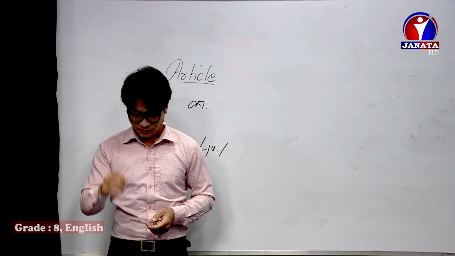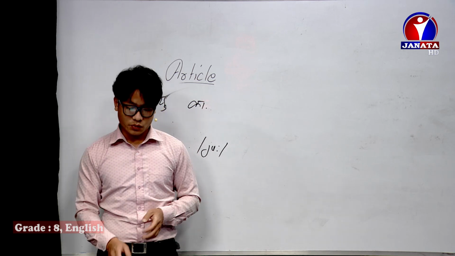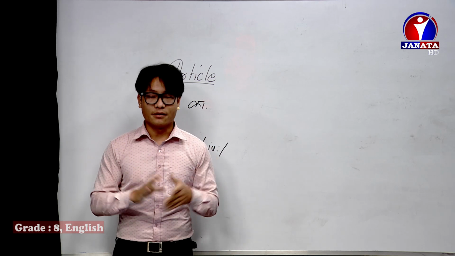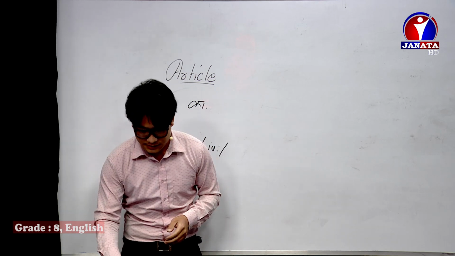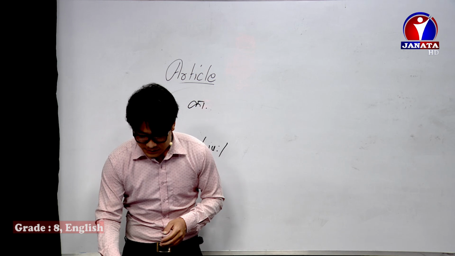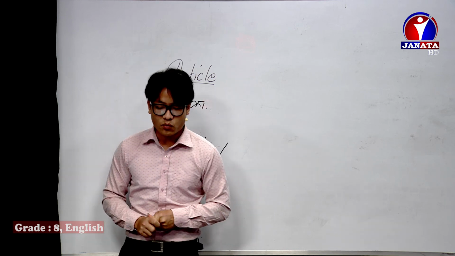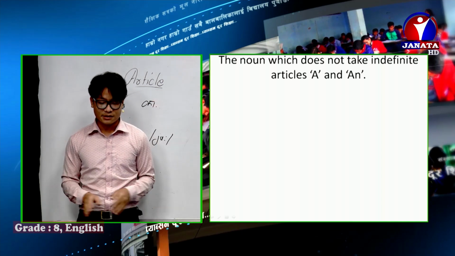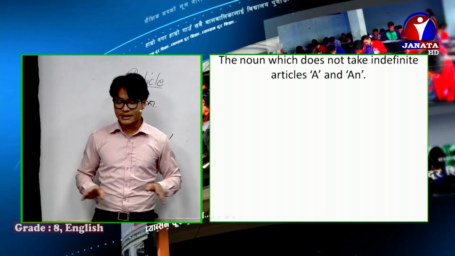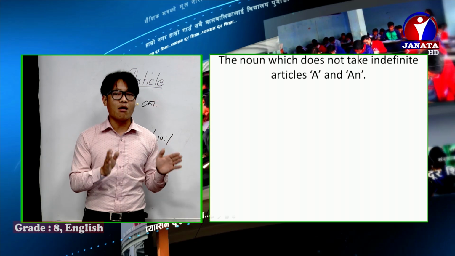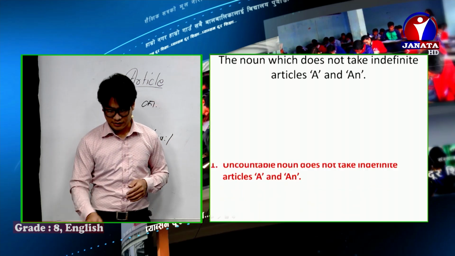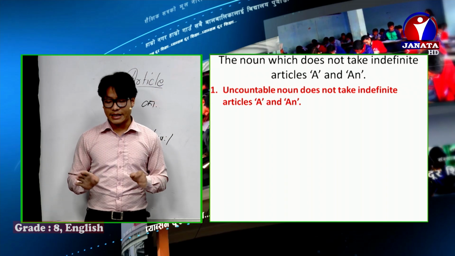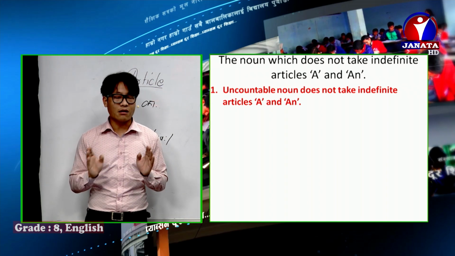Now, it's the time to use definite article the. So here we will discuss, first of all, the nouns which do not take indefinite articles a and an. Uncountable nouns do not take indefinite articles a or an.